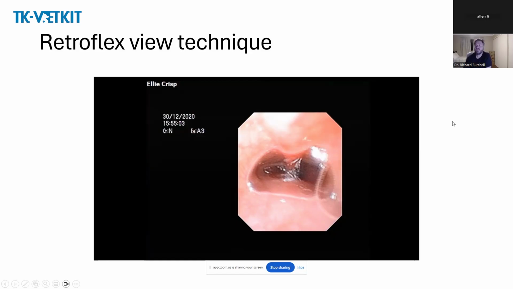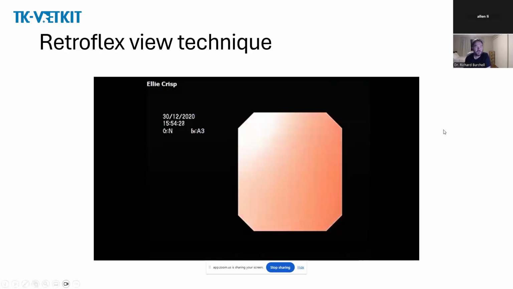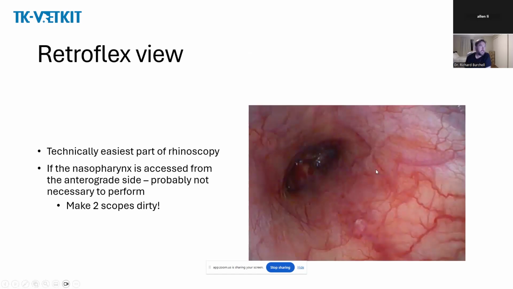That's probably the easiest scope, technically the easiest one to do, because it's literally just hooking a scope over the soft palate and pulling it towards you up into the nose.